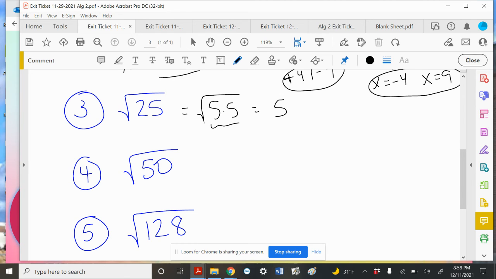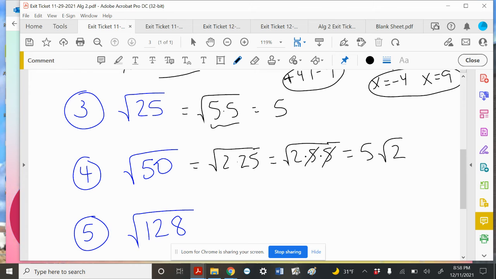So the square root of 25 is 5. For 50, I do 2 times 25, which is really the square root of 2 times 5 times 5. For every 2, I can take 1 out, so I take out a 5. That cancels those 2. And then I still have left over the square root of 2. So that would be the answer for that one.